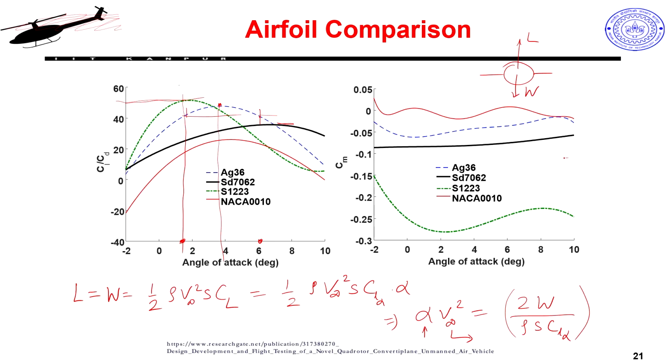Fine. So, now what is the deal with the pitching moment? How does this influence my UAV's performance? If I look at a normal UAV, let us draw maybe an aircraft.